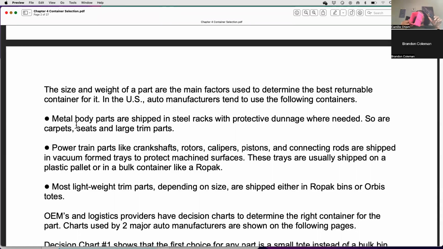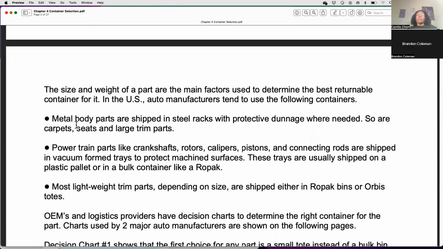Maybe it's a bulk container that's been customized, and you will see the dunnage that is a cloth or plastic that has a long hole in it, and you can put the part or pull the part in and out of that, and it separates those trim parts. So especially if they're Class A surfaces, it keeps them from touching each other.